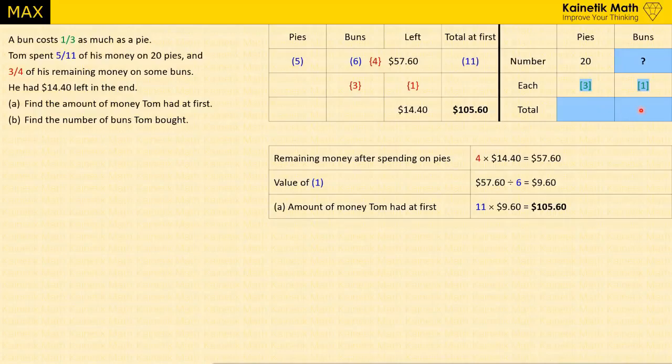Right, so this is where a very systematic layout of your entire solution is important. Right, because you can see over here, remember this is where we deal with the amount of money spent on the pies and the buns. Okay, so for kids who have no labels and organization in the working for long problems, this might be where sometimes they will have to pause for a longer time because they become a bit unsure where to look for the necessary information.